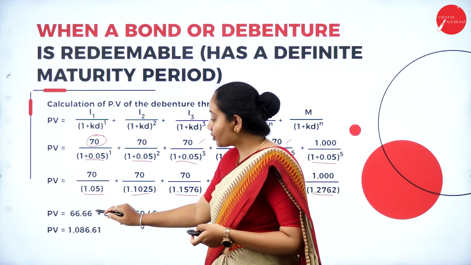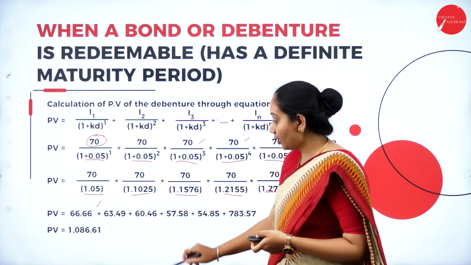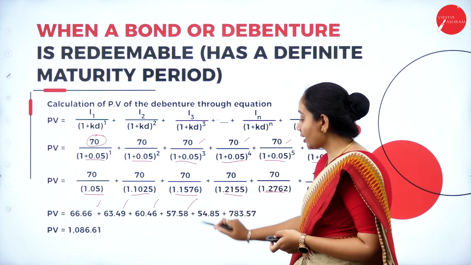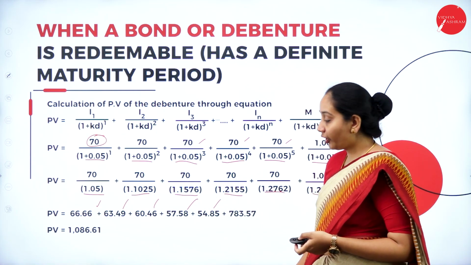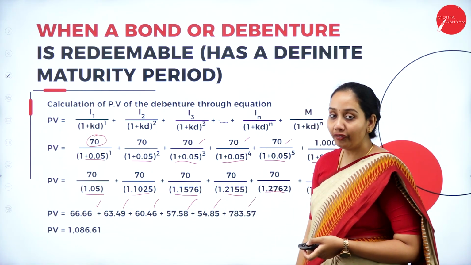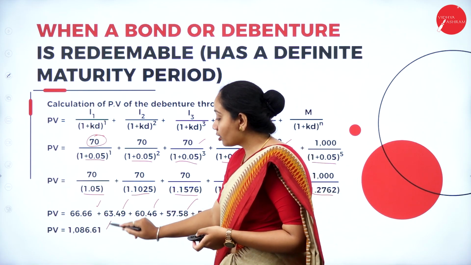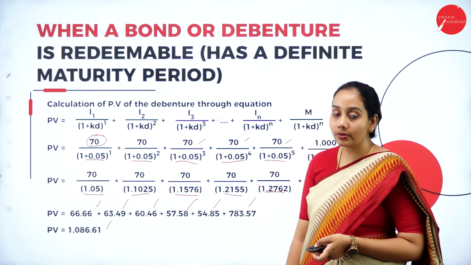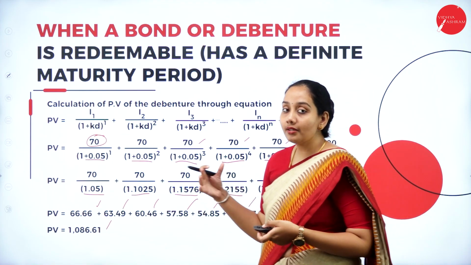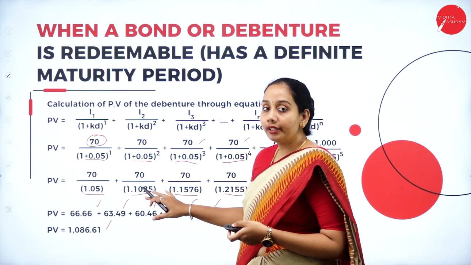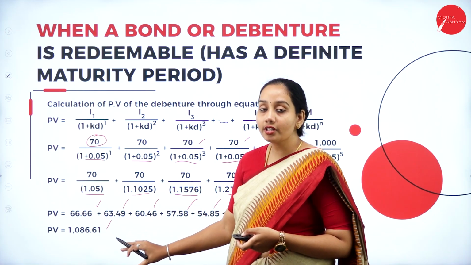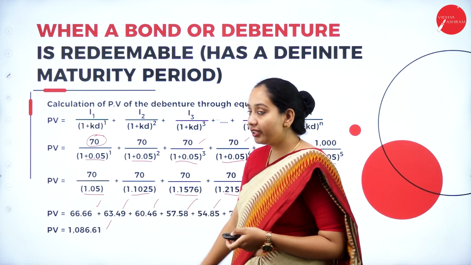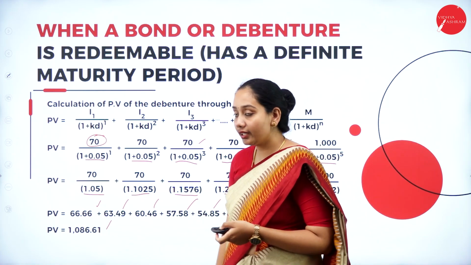Further, if we divide, we get 66.66, 63.49, 60.46, 57.58, 54.85 and 783.57. If we add all, we get a present value of 1086.61 rupees. So the present value of the debenture is 1086 rupees.